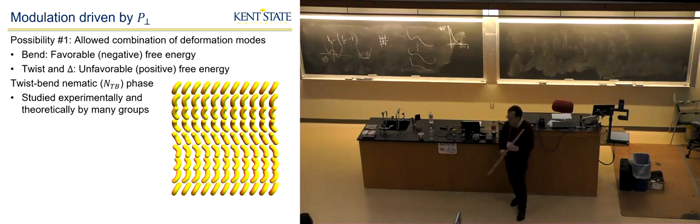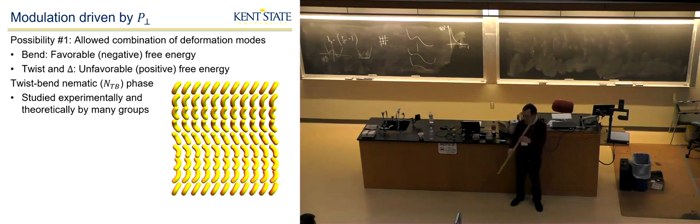This is a phase where the director is going around in a helix, but it's not perpendicular to the helical axis. It's going around like this, okay? And this director field has a combination of bend and twist and delta, okay? And so it could be stable if bend is favorable, and the liquid crystal will pay a price with twist and delta, but maybe it's worth it.